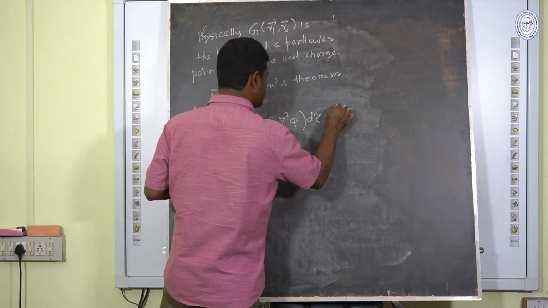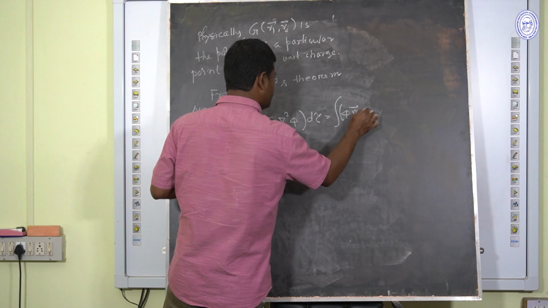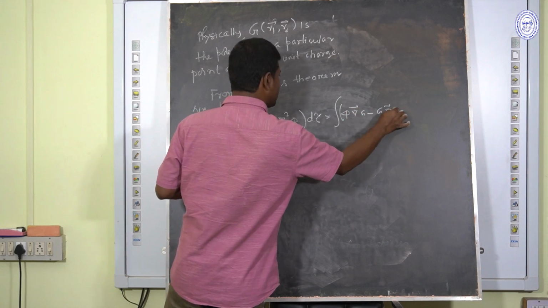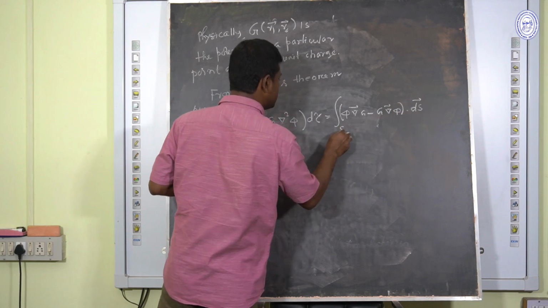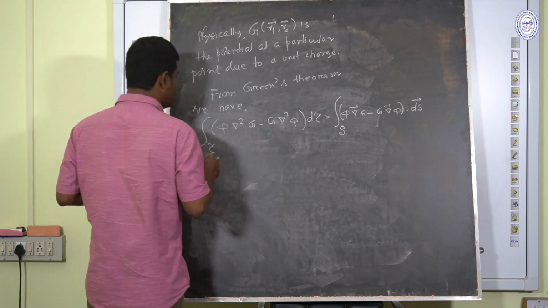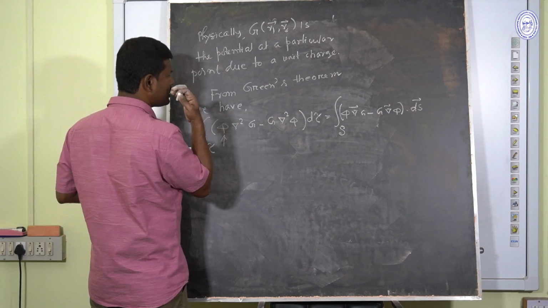This is equal to the integration over the surface S of phi gradient of G minus G gradient of phi dot dS. Here phi is a scalar function and G is obviously a scalar function.